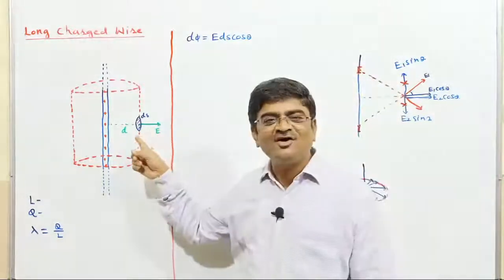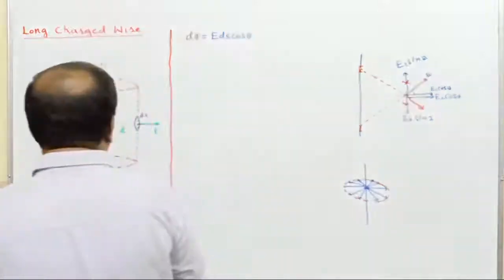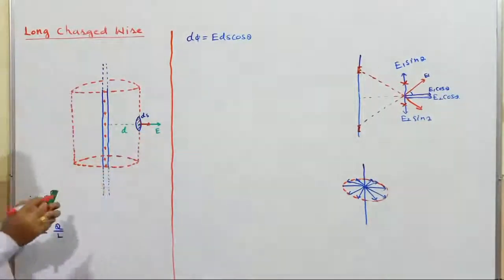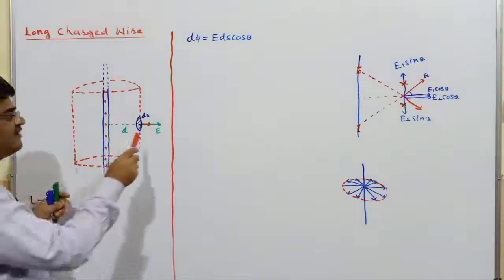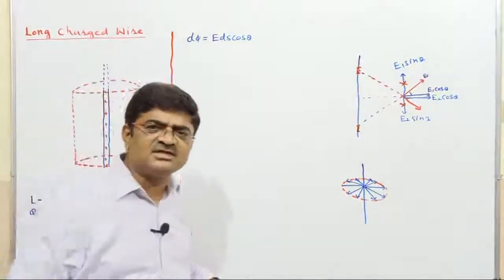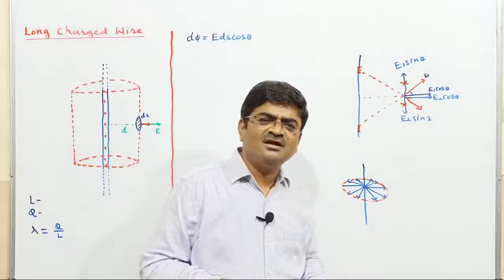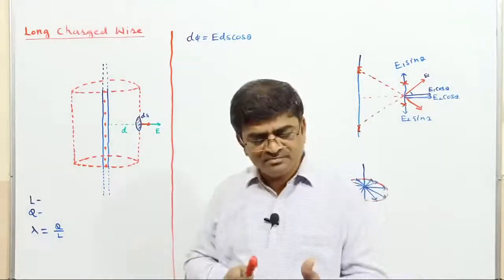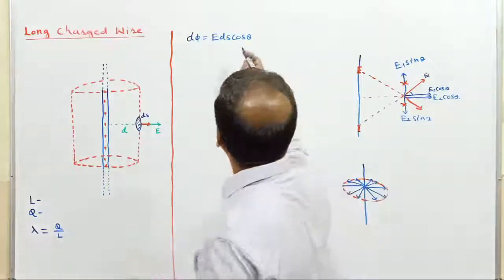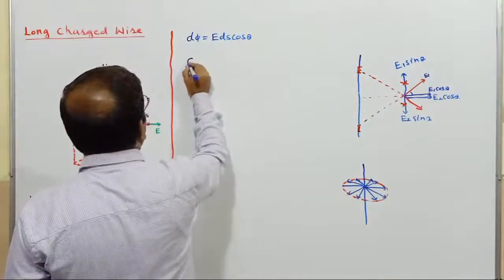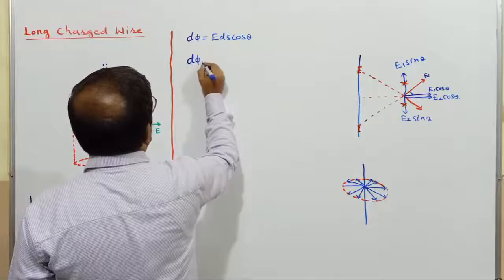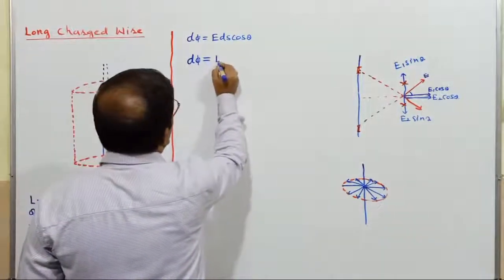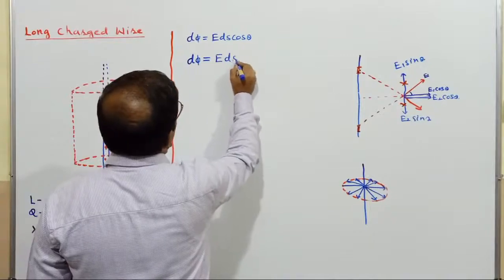That angle here, the normal, if I ask you to draw, this is going to be your normal, the area vector, and the area vector and intensity are in the same direction. Consequently, the angle θ is 0. And once θ is 0, the flux through the small portion of the curved part of the cylinder I get is E dS.